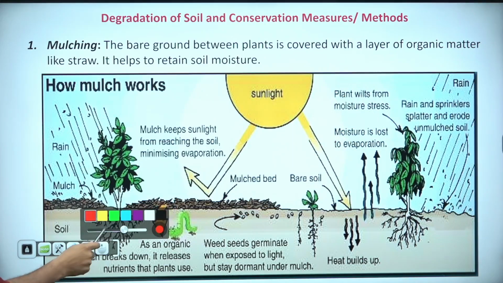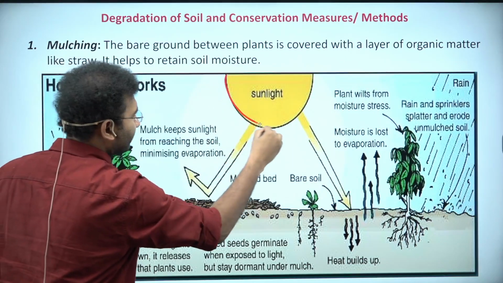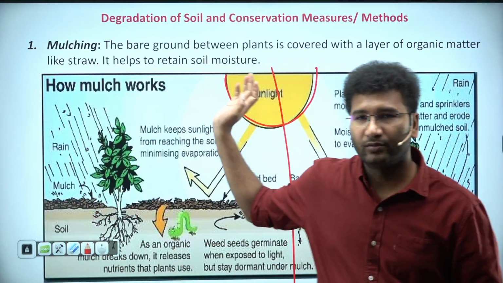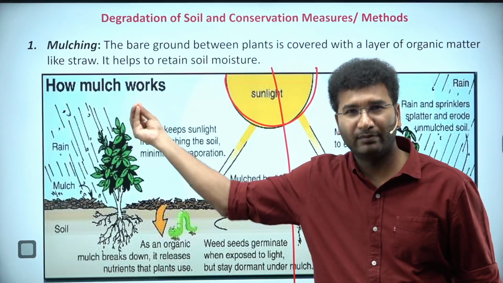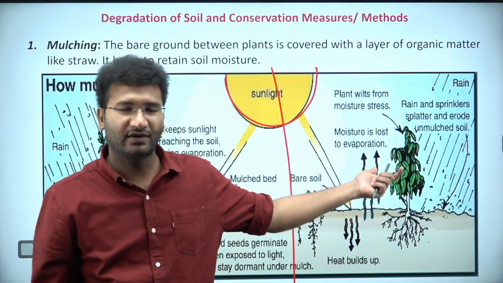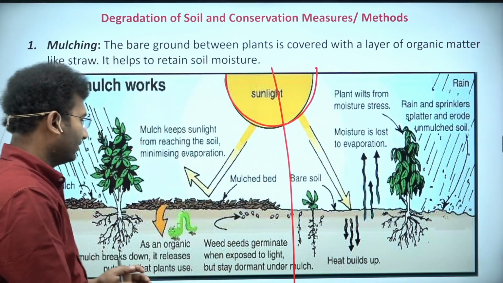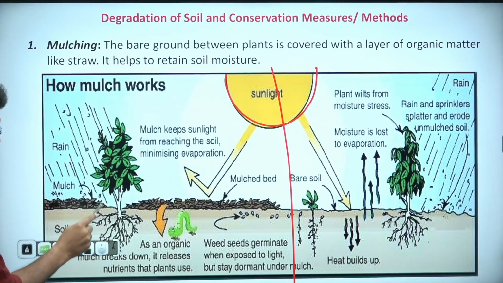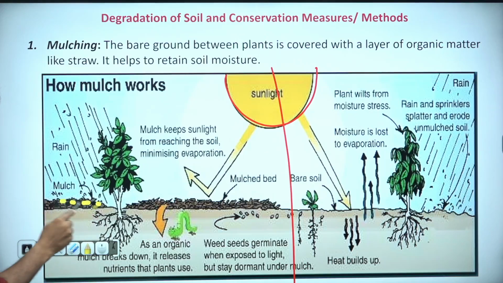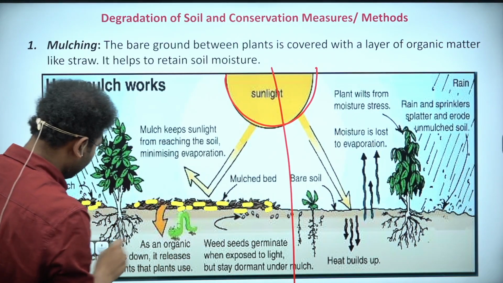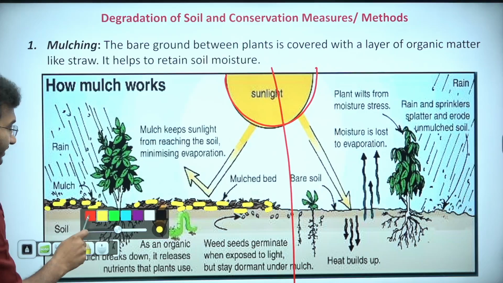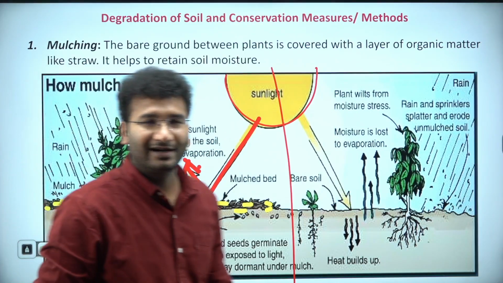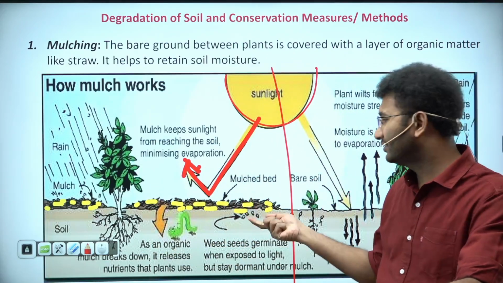In this, for example, if there is a good amount of sunlight, look here: this part of the area to my right is mulched soil, and this part of the area is not mulched soil. Where the soil is mulched, you have thrown leaf litter. Firstly, when the harsh sun rays come, the litter will not let that very hot and scorching light reach the soil.